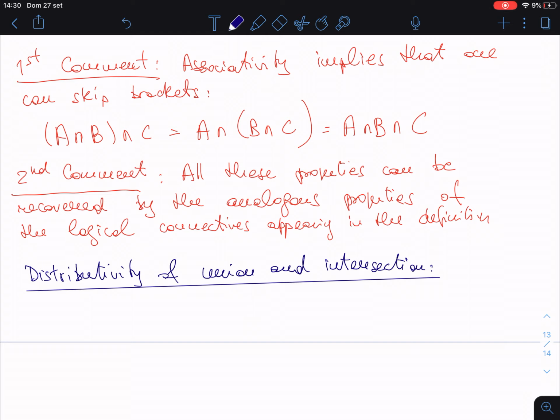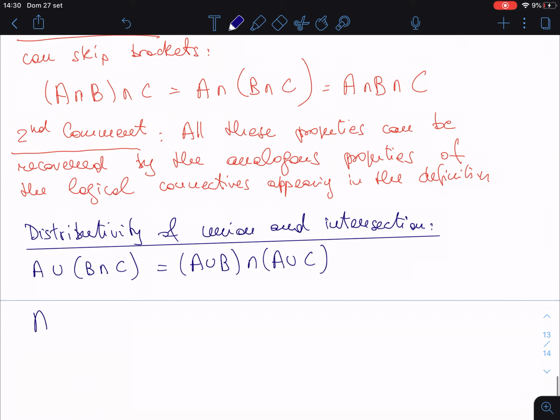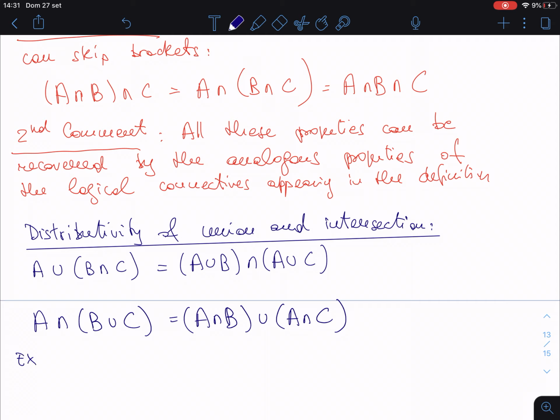And what distributivity says is that A union B intersection C is equal to A union B intersection A union C, or A intersection B union C is equal to A intersection B union A intersection C. This is the distributivity of the union and intersection. And as an exercise, I ask you to prove it.